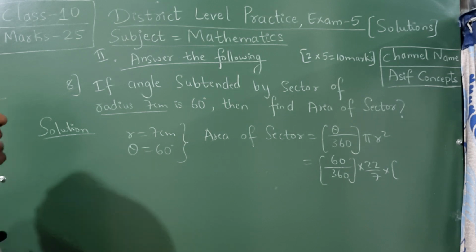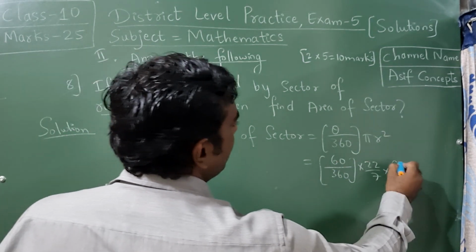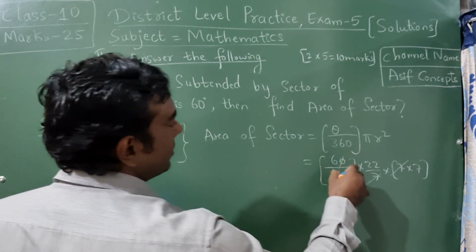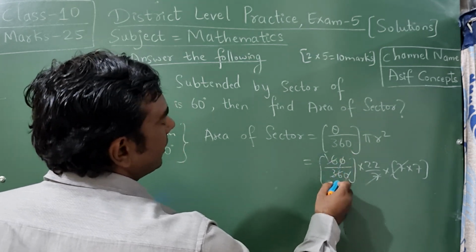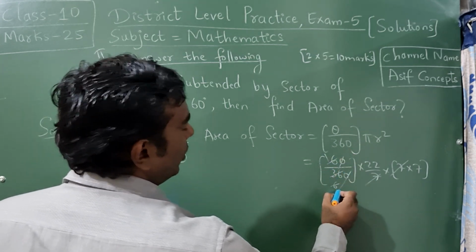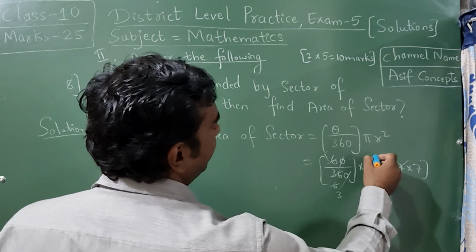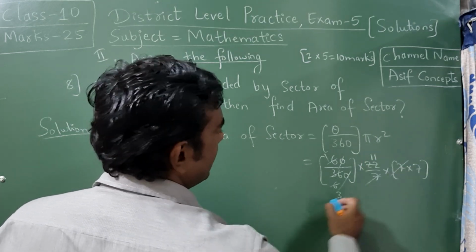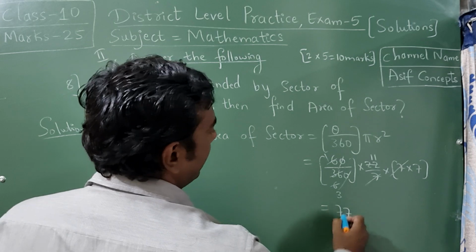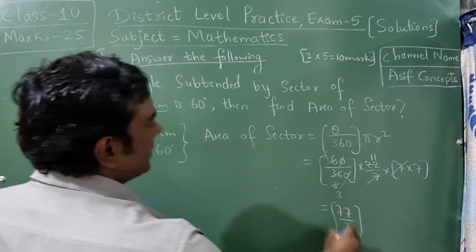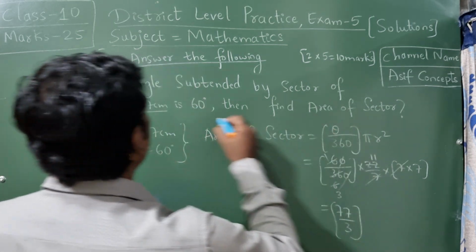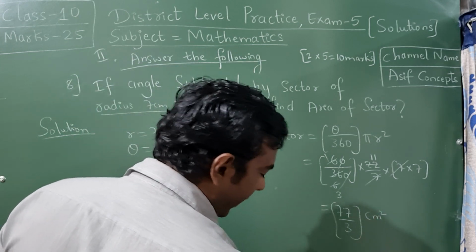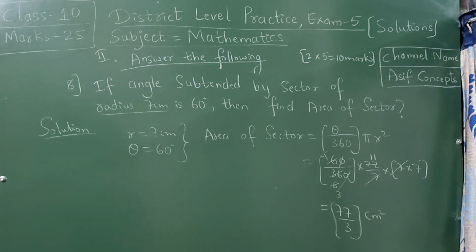Radius is how much? 7. Since it is a square, I am going to write 2 times. 7 and 7 get cancelled. 0, 0 get cancelled. 6 ones are 6, 6 2s are, 2 3s are, and 2 11s are. So 11 into 7 is 77 divided by 3. Since it is area and the given question is in centimeter, I need to write in centimeter square. Let's move on to the next question.